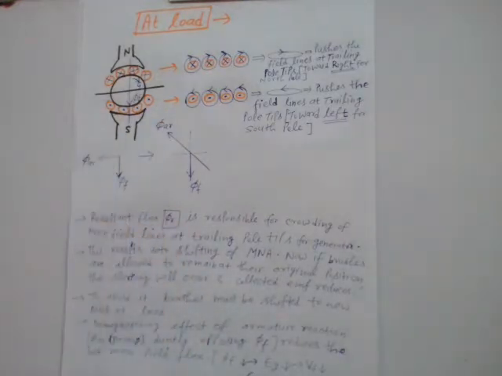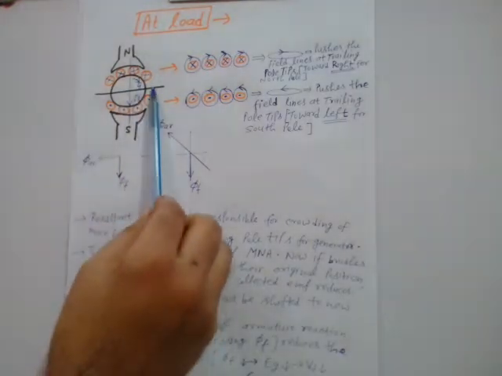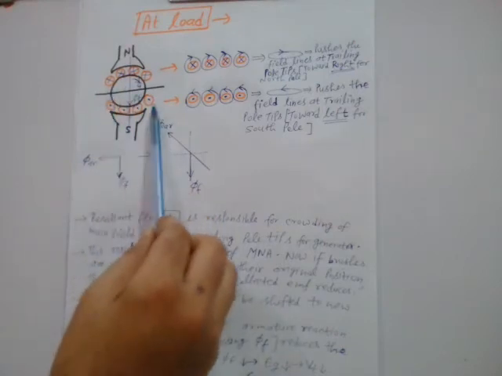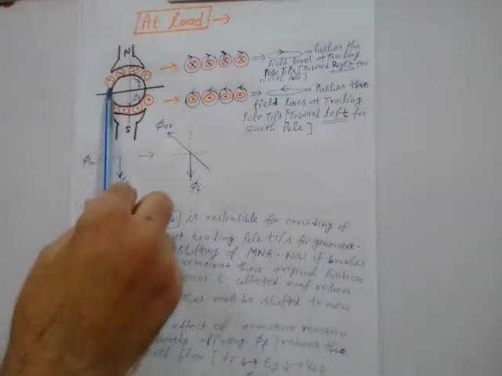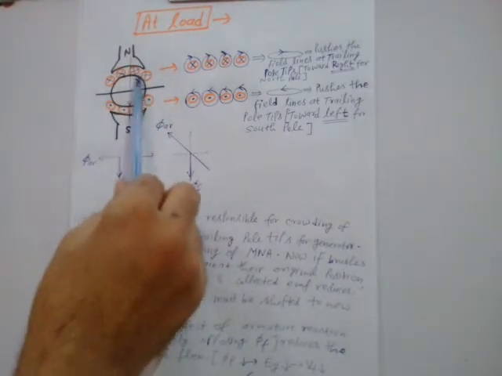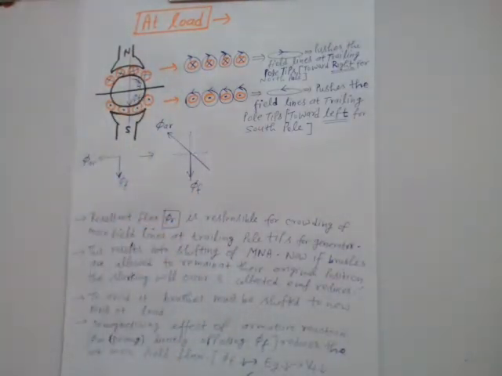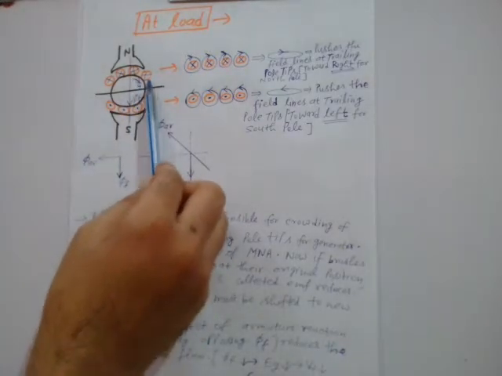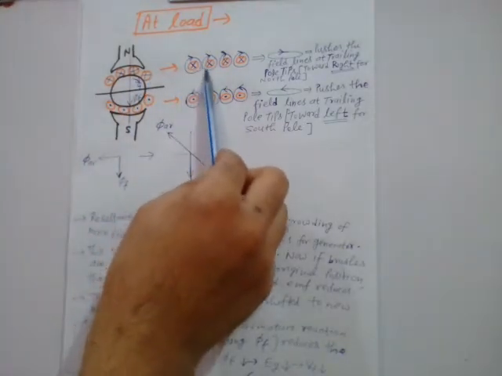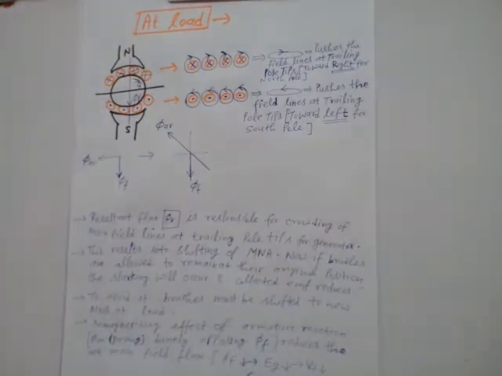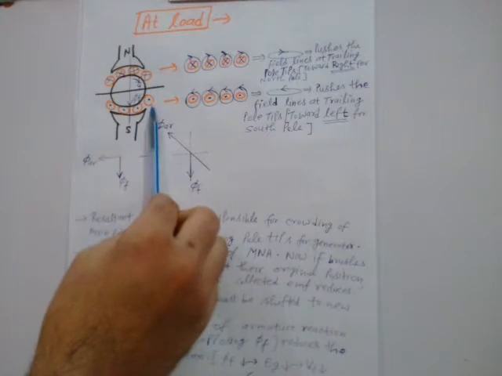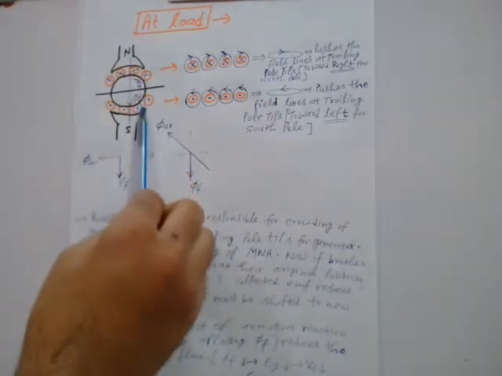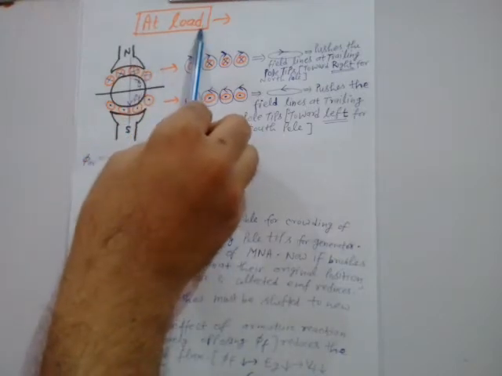As soon as the armature current flows in the armature conductor, because you have applied the load, they will be having their own field, which was not there earlier in the no load condition, but now it is there due to the loaded condition.